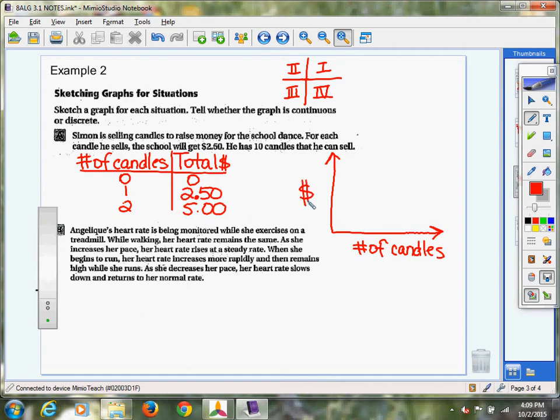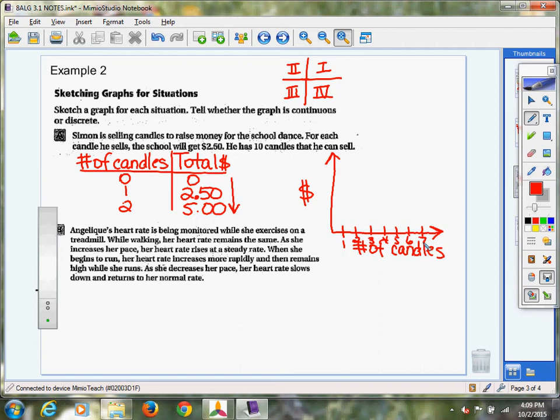Now, hopefully you see somewhat of a trend. What's happening as we sell more candles? Yeah, the money is increasing. The more you sell, the more money you make. I hope that's obvious. If it's not, I'm really sorry. It should be. So when we do this, we've got 1, 2, 3, 4, 5, 6, 7. We'll do a couple, to get a basic trend.